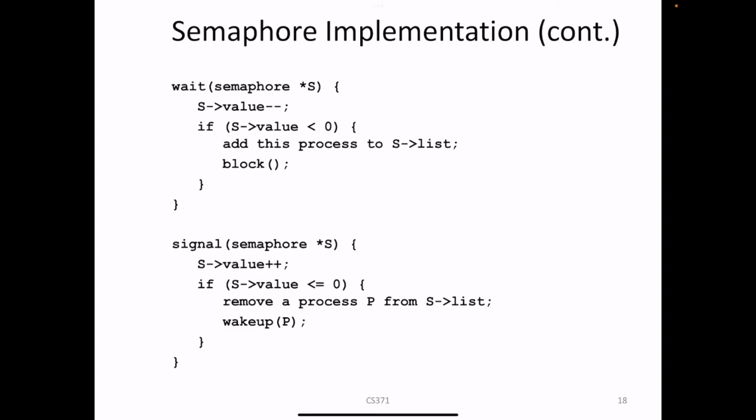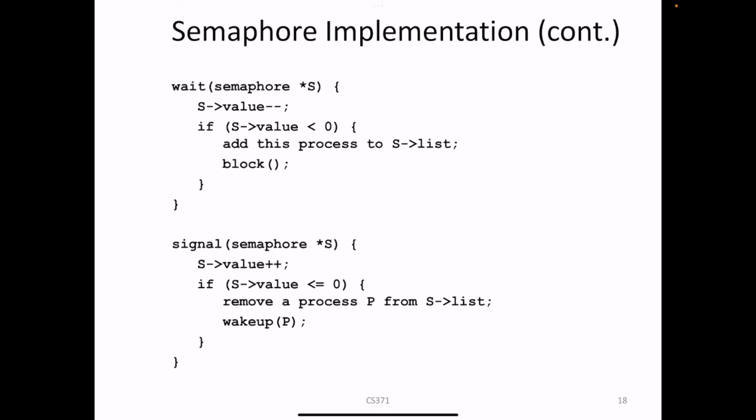When a process executes a wait operation, after decreasing the integer value by 1, the semaphore is 0. Under this condition, the process won't be blocked and put onto the waiting queue. Later, another process calls the wait function, the semaphore becomes -1, and the process will be put onto the waiting queue and be blocked.